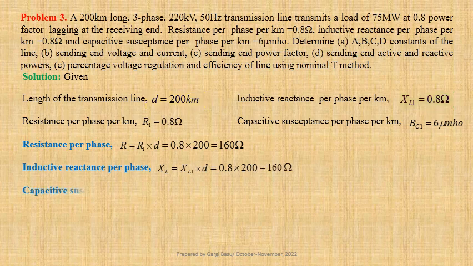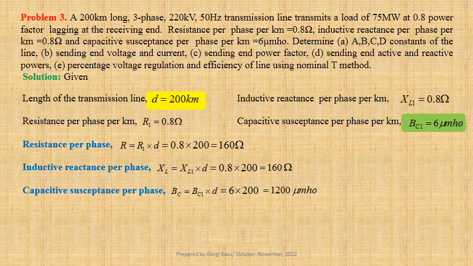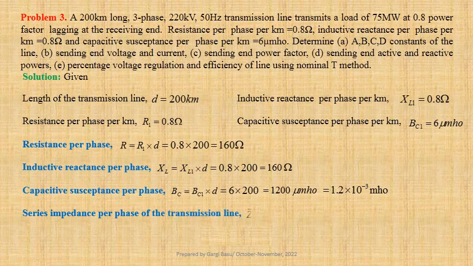And capacitive susceptance per phase BC equals BC1 into D. Using values we get 6 into 200, that gives us 1200 micromho, or 1.2 into 10 to the power minus 3 mho.